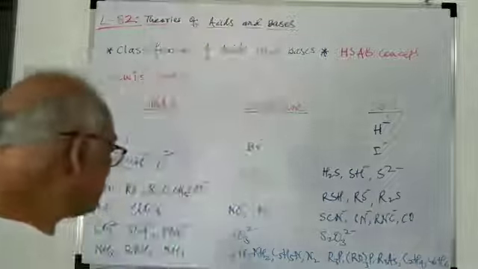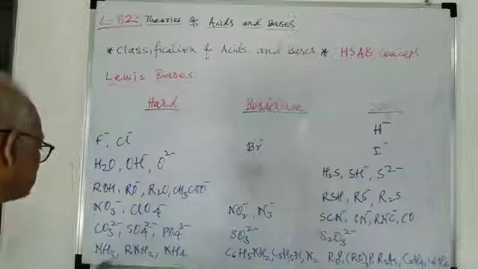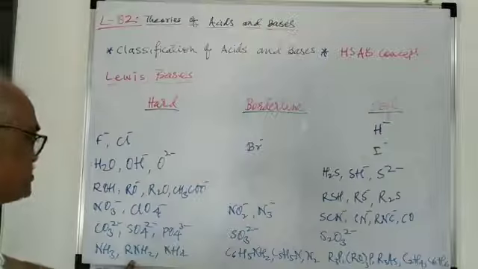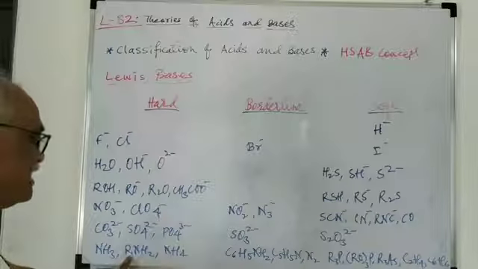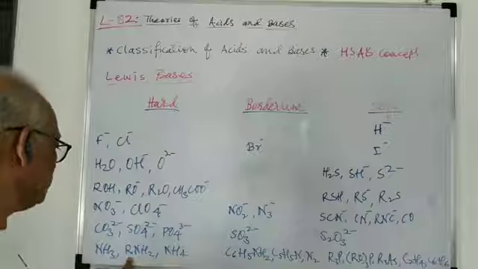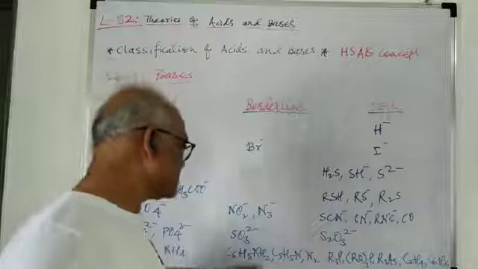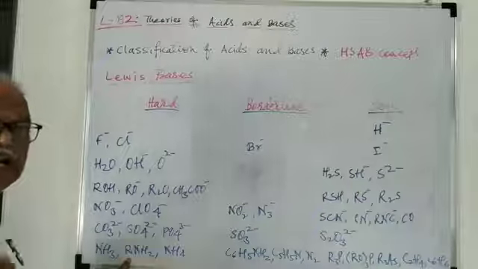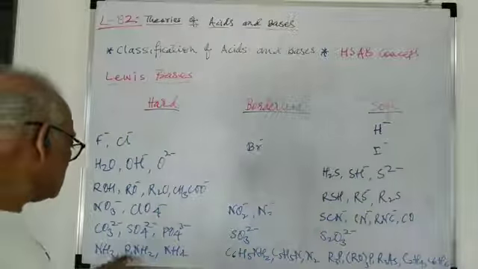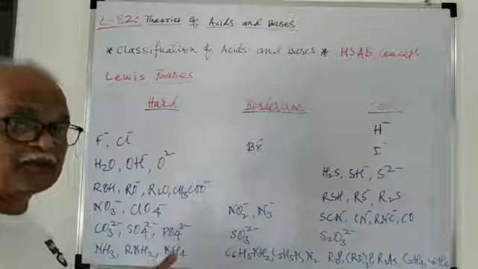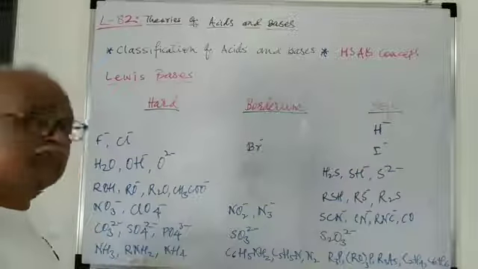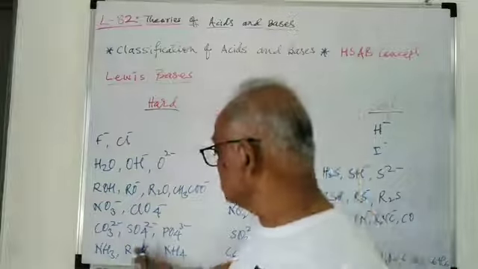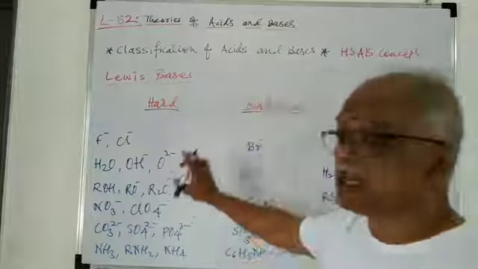Here you will find that the R groups attached to nitrogen are alkyl groups, and there are aryl groups which contain pi bonds, but this R does not contain a pi bond, that is methyl, ethyl, etc. These are electron supplying groups, so they increase the availability of the electron pair on this nitrogen. So they are harder species.